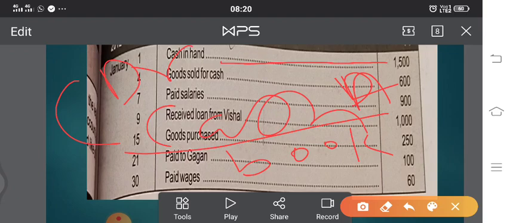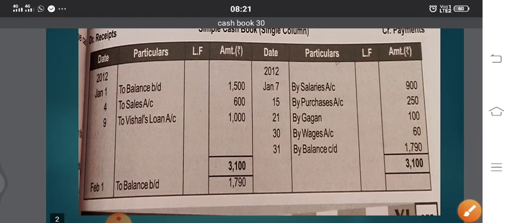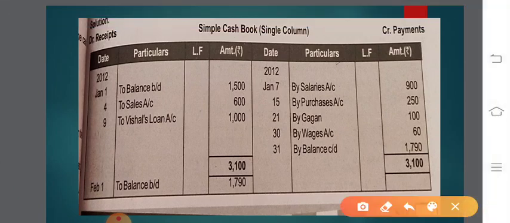Now since it's an asset and assets always have debit balance, we'll go to the debit side of the cash book. See here, we are on the debit side of the cash book and we'll write here to balance brought down. Do you remember why "to"? "To" is because this is on the debit side.